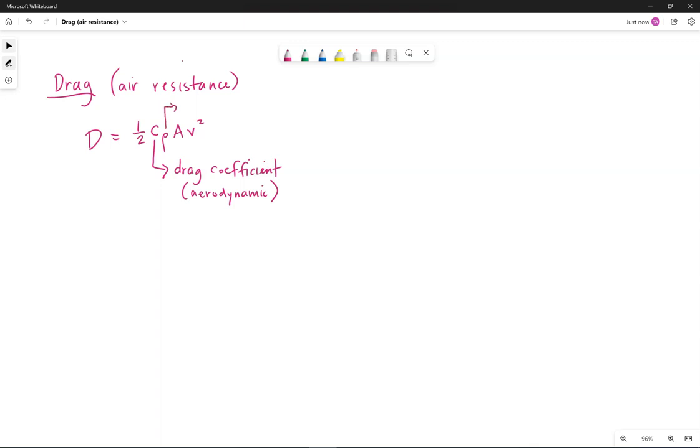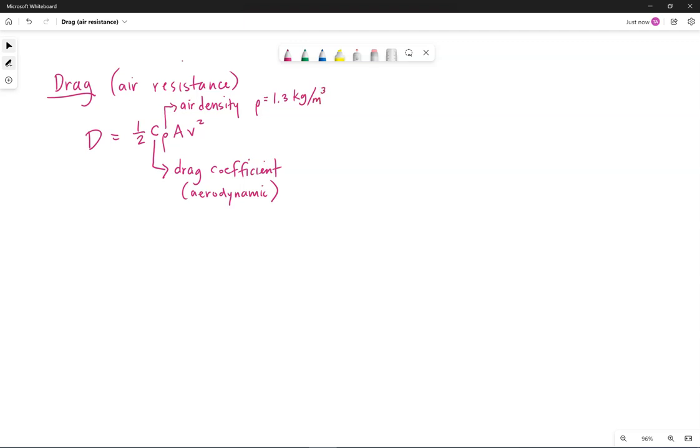This symbol is called rho. This is the air density. Air density depends upon our altitude. It depends upon the air temperature. It depends upon the humidity. So density is not actually constant, though for our intents and purposes, we're going to assume it to be.